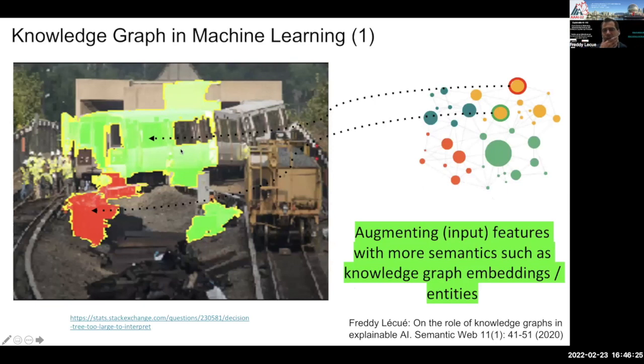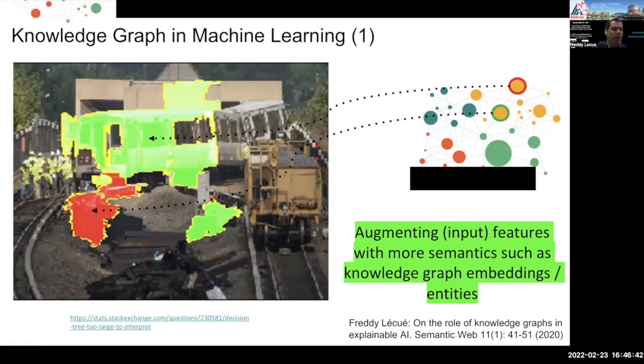So what we try to push is this: here is an image segmentation task, and rather than only using labels, which usually come from WordNet, I mean, if you take ImageNet, the labels are from WordNet, so there are a few connections, but it's not that deep a graph.